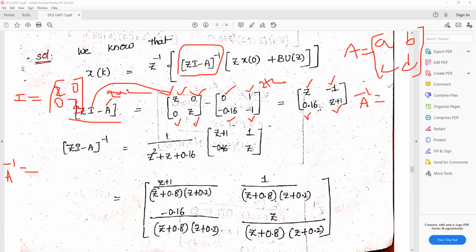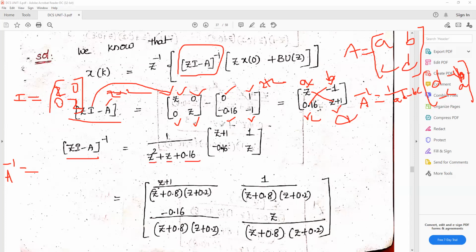It is 1 by AD minus BC times D, minus B, minus C, A. So (zI minus A) whole inverse is 1 by AD minus BC, that is z into z plus 1 minus of minus 1 into 0.16, which is z square plus z plus 0.16.